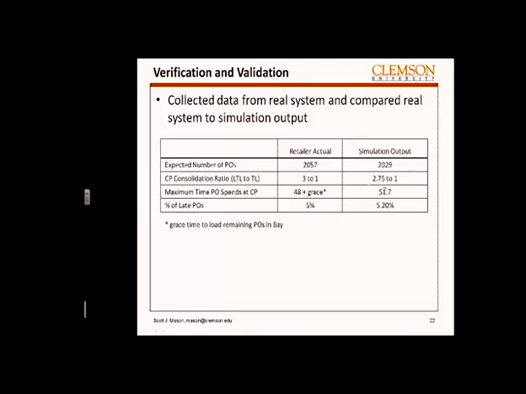Our consolidation ratio was close to 3-to-1. With the grace period they look at for a little bit of late, based on the purchase orders that are sitting on the floor that we have to quickly get onto the truck, I'd say that our 51.7 from the simulation model was very close. And similarly, the percent of purchase orders that we saw as late were also very comparable to their actual experience.